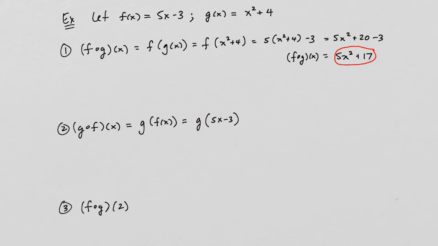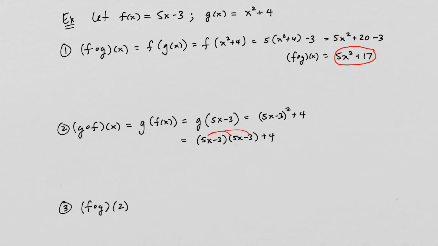So if I'm doing g of 5x minus 3, I have to take that number, 5x minus 3, square it, and then add 4. Now we have to work that out. So this is 5x minus 3 times 5x minus 3 plus 4.